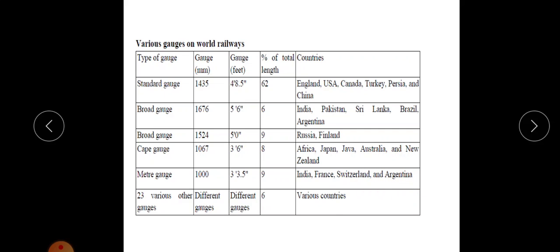And 23 various other gauges are provided in different countries, because these special types of gauges are provided in special types of topography like hilly regions, mountains, valleys, etc. So this will be provided in every country based on the topography. Okay, so these are the various types of gauges on world railways.